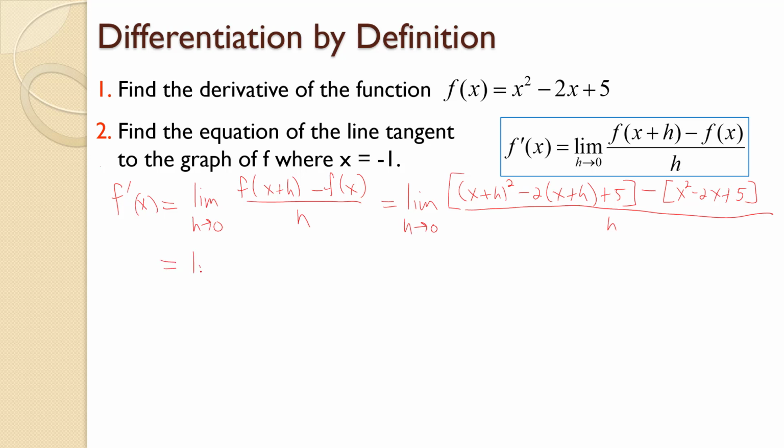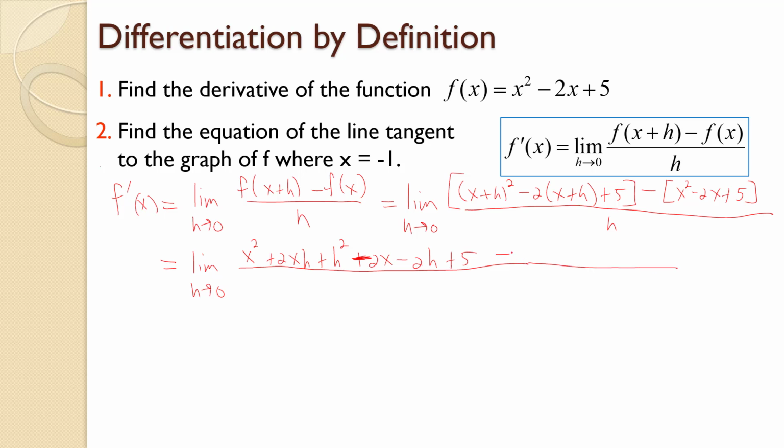That then equals the limit as h approaches 0. Multiplying out or distributing all these products, you would then have x squared plus 2xh plus h squared, minus 2x minus 2h plus 5.